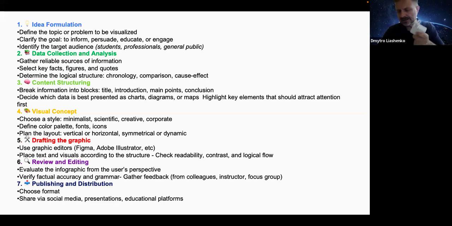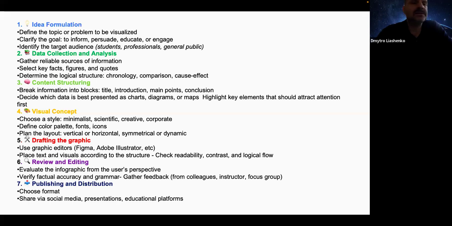Idea is the main step to represent our beliefs, our values, our understanding of the problem.